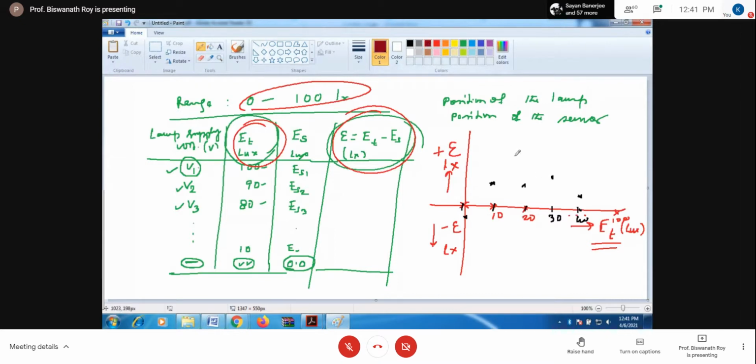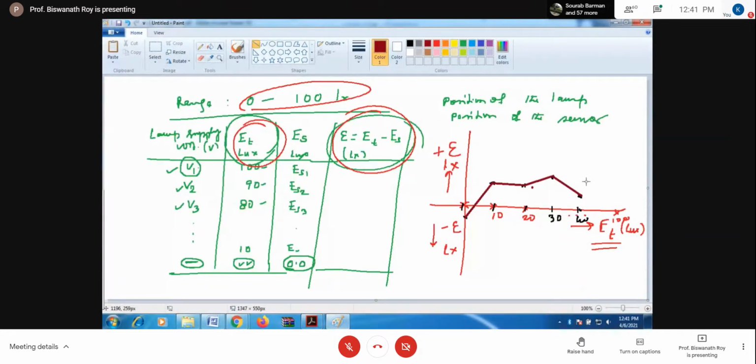So what is the practice? The practice is to draw a straight line between these points. So this is the calibration curve.